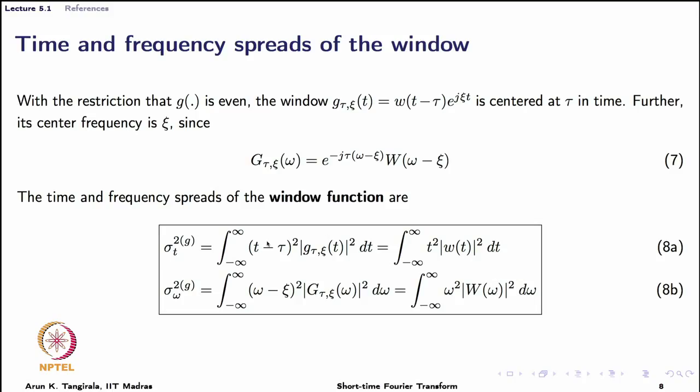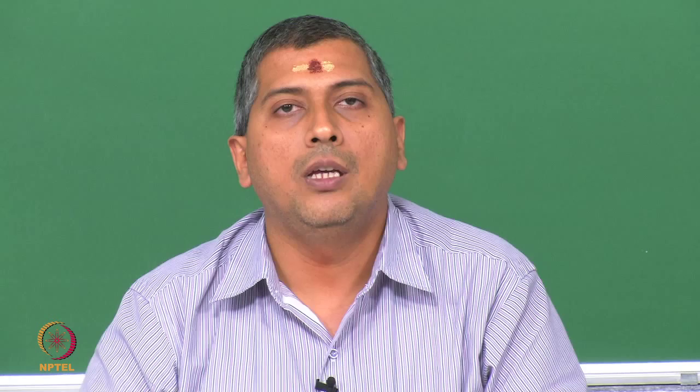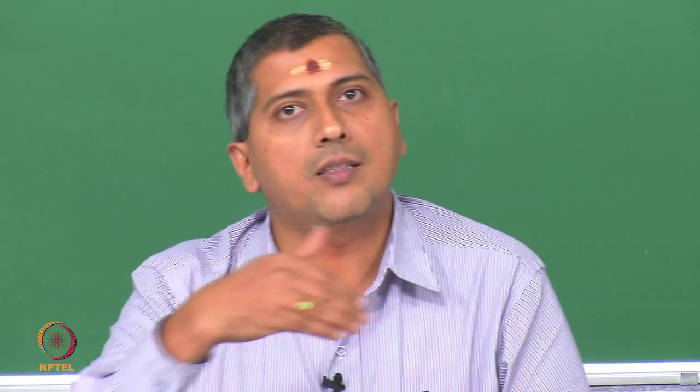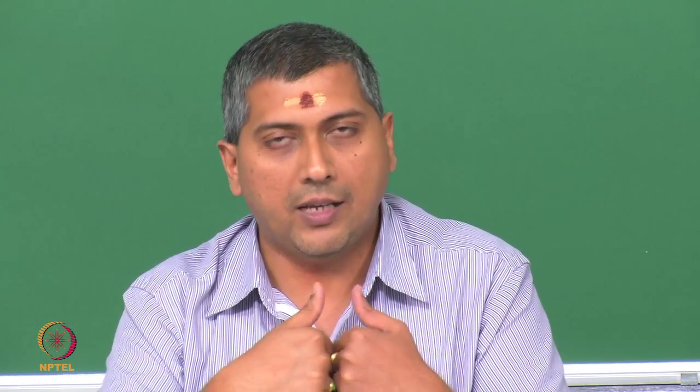Now, by a simple change of variables and by substituting for g this expression here, I can simply rewrite this integral as the integral of t squared times modulus w of t squared. Why did I do this? To show and to recognize that the duration is independent of the center. That is, the spread of the window in time has got nothing to do with where its center is located in time. So, as I am traversing in time, it has the same window spread, the same time spread.